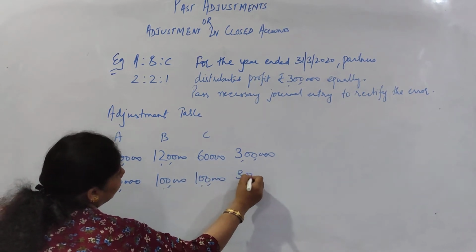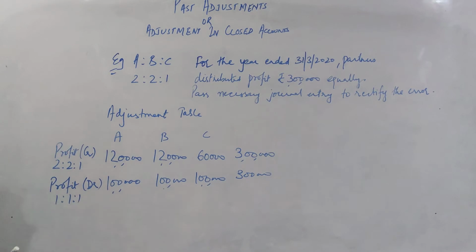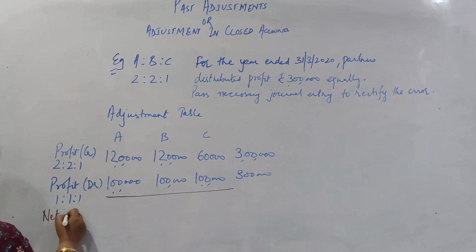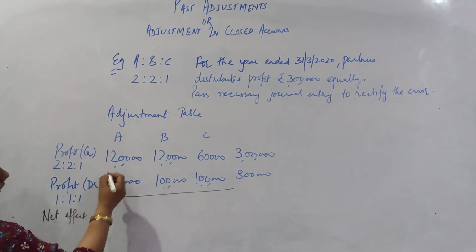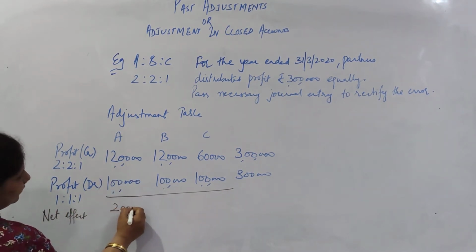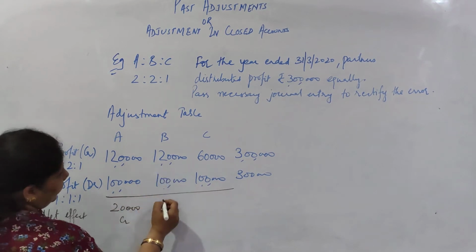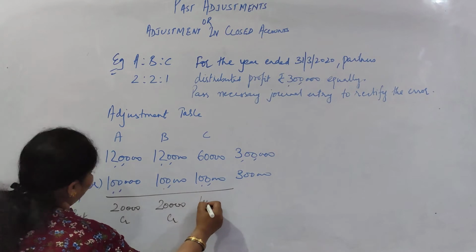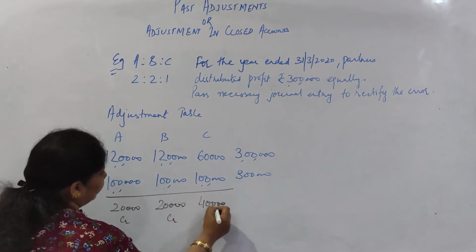Now we will see the net effect of this and pass journal entry. Now net effect is here 20,000 credit, here also 20,000 credit and here 40,000 debit.